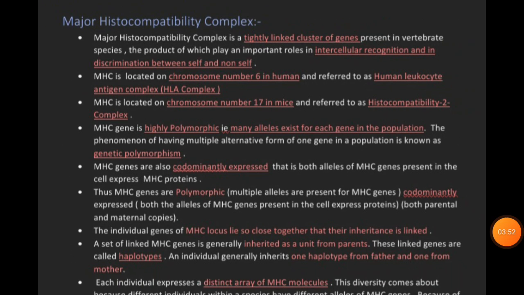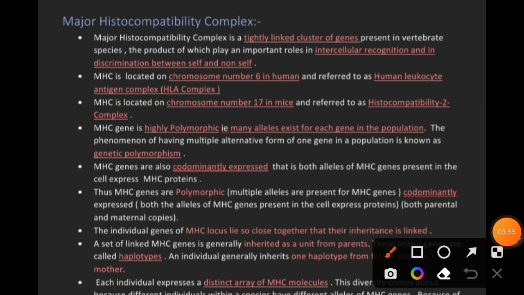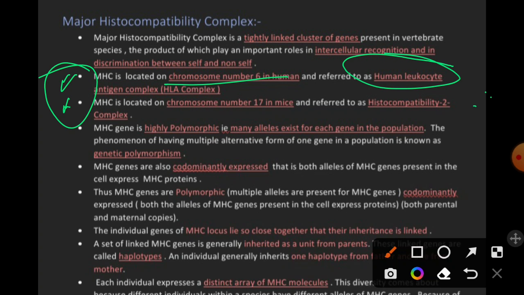First of all, two important things that we need to know from the MHC concept are where MHC is present. In humans, MHC genes are present on chromosome number 6, and they are referred to as the human leukocyte antigen complex or HLA complex.